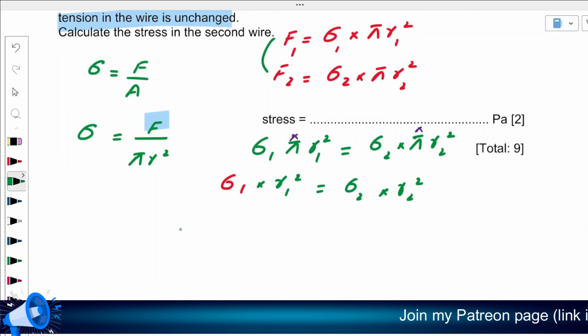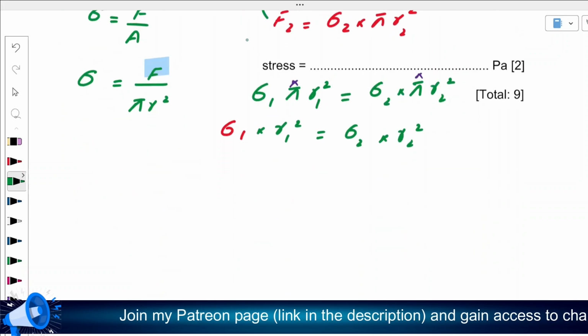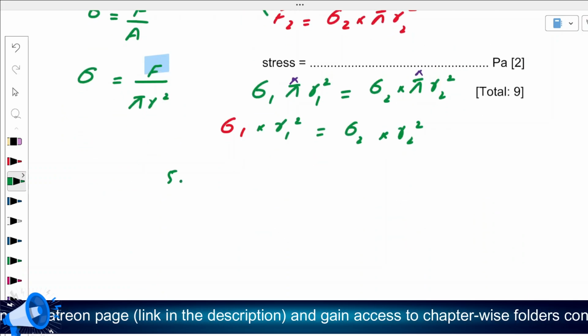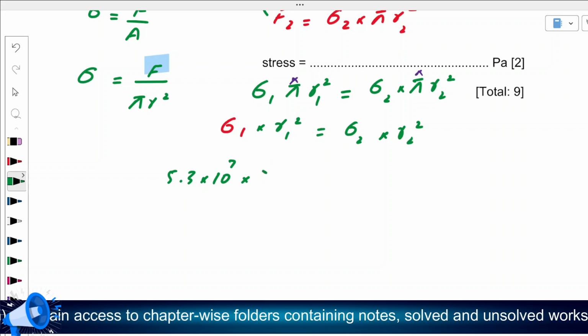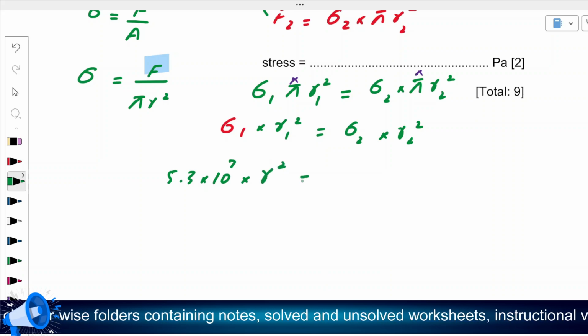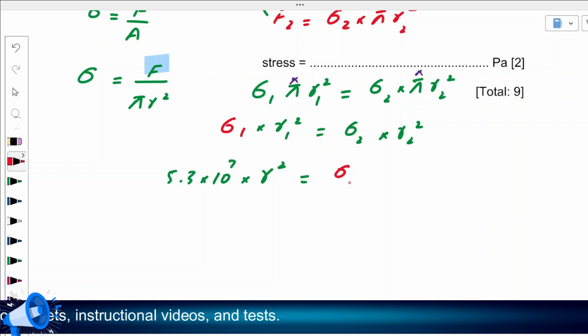So sigma 1 as it is, 5.3 into 10 to the power 7. This is the first stress. The first radius we assume r square as it is. The new stress needs to be found out times, what is the new radius?